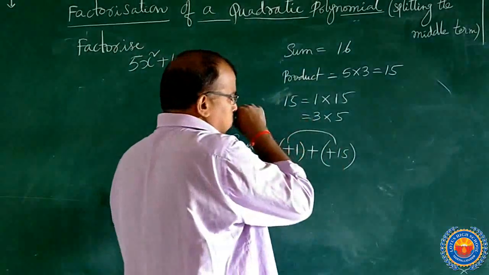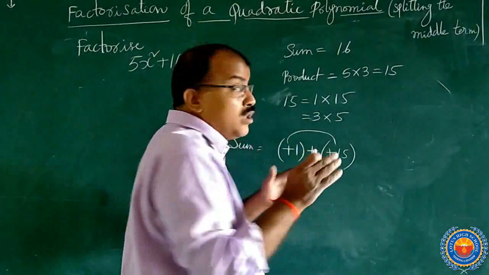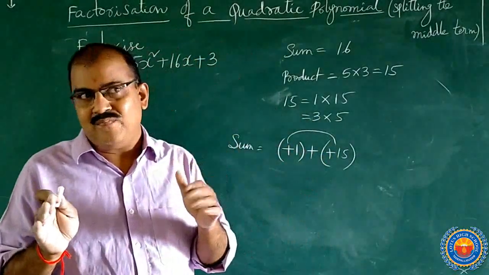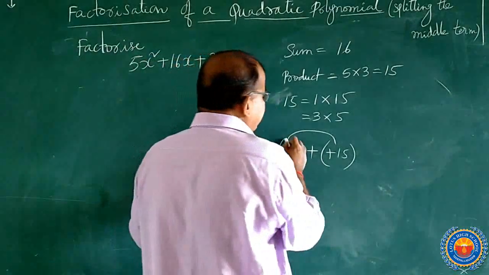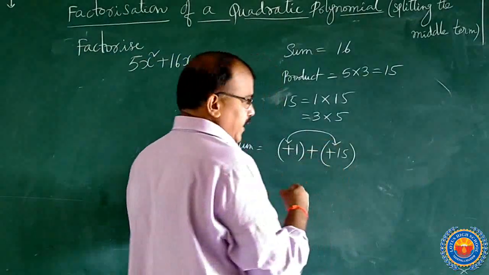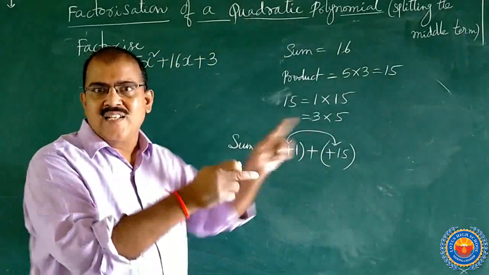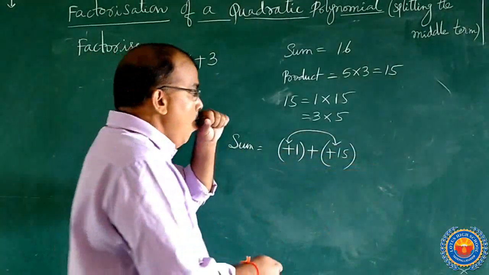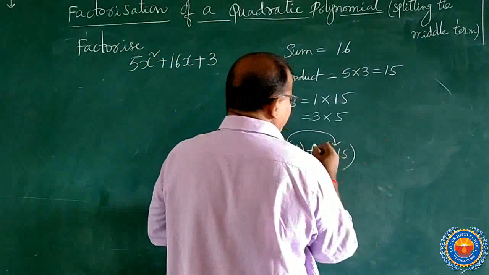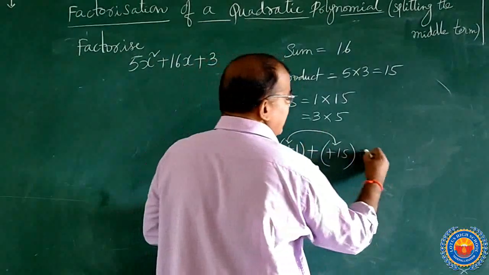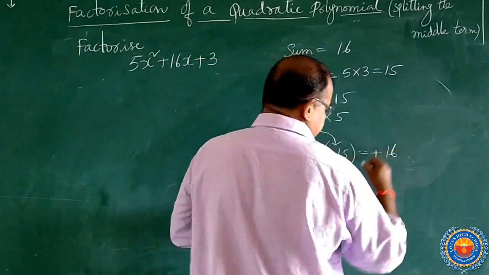Here you must know the concept of integers. Plus 1, plus 15: both have the same signs, both are positive, they are added, and the answer will be positive. So the sum is equal to plus 16.